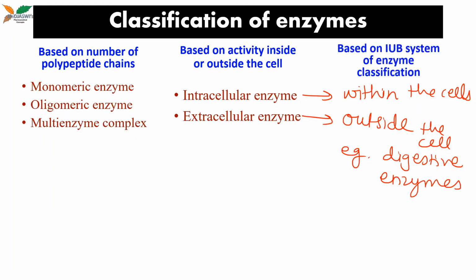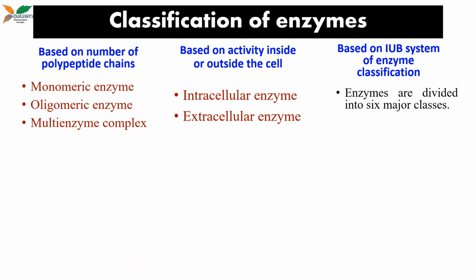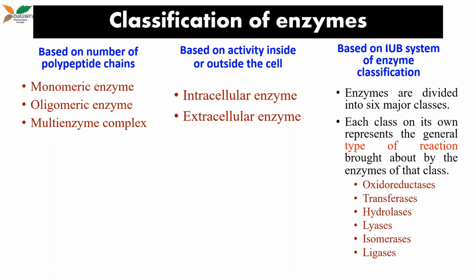Now the third classification is based on the IUB system of classification. Here the enzymes are divided into 6 major classes. Each class on its own represents the general type of reaction brought about by the enzymes of that particular class.